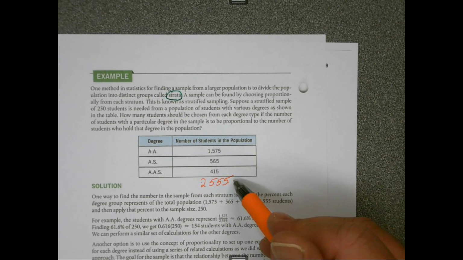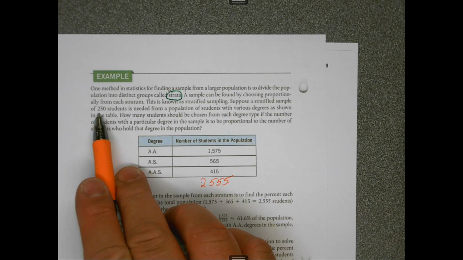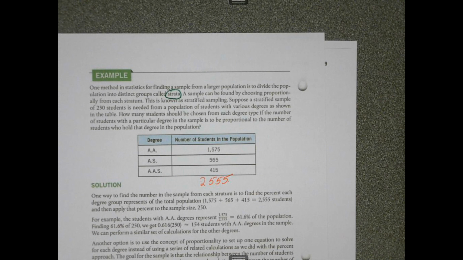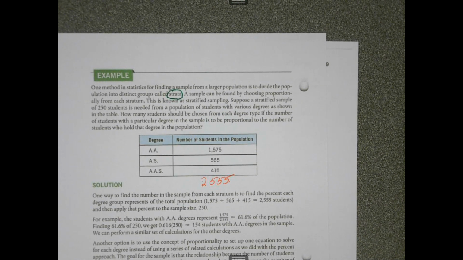They would take the number of degrees, here in this case AA, out of the total, and set up a proportion, trying to figure out how many of the 250 people have an AA degree. When they solve that proportion, they get 154 out of 250 have an AA degree. That's what this example is showing.